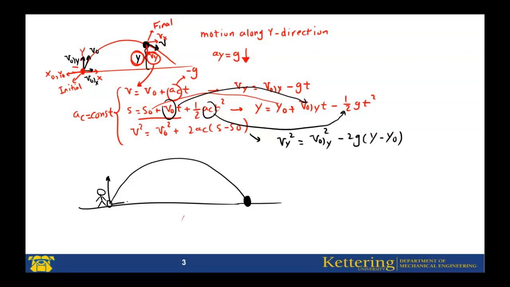If I select this direction as X and Y, and at this point is the origin, how much are X0 and Y0? If a football player kicks the ball at the initial point, and I put the coordinate origin here, how much are X0 and Y0? Yes, 0.